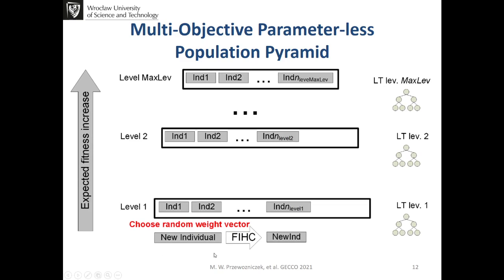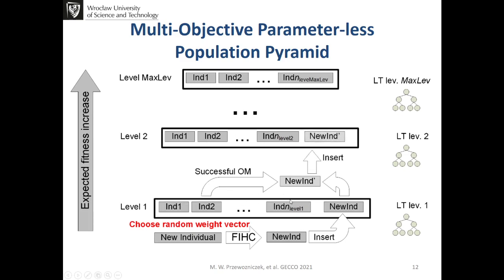We optimize the genotype of the individual with a greedy optimization algorithm, and we introduce this new individual into the first level of the pyramid. Then we optimize the single objective problem with the use of the weight vectors and try to mix this new individual with the other individuals which already are a part of the pyramid. If this operation is successful, then we add the improved individual on the higher pyramid level.